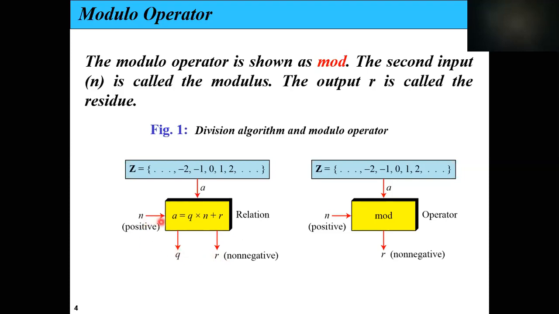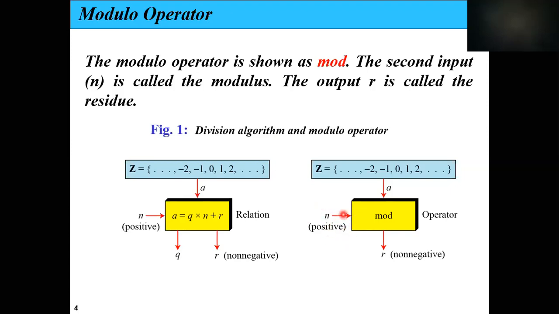So a can be written as a linear combination of q and r. If you perform modulo, say a mod n, it will give you just the remainder. So the modulo operator gives you the remainder after dividing any number by some positive number, say n.